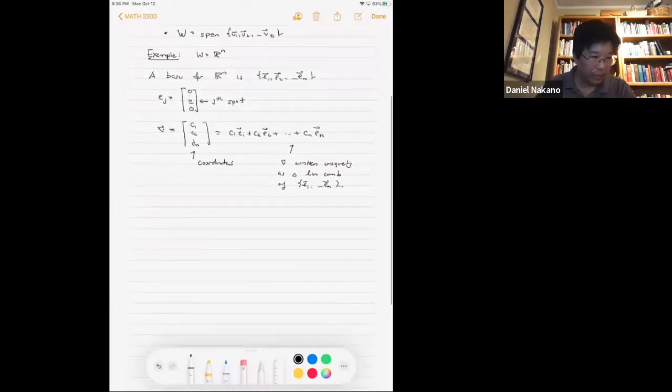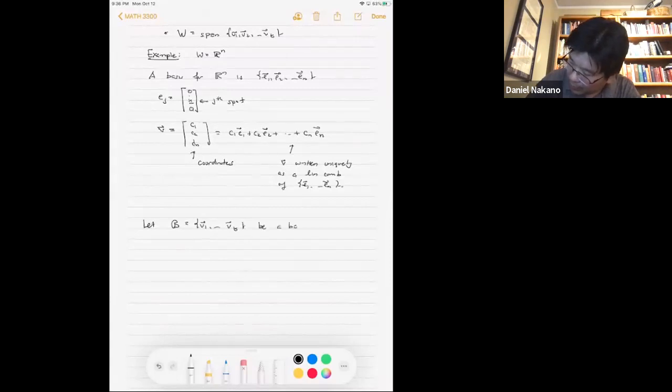All right. So let beta equal v1 up to vt be a basis for W. Now I want to write a vector in W as a linear combination of the v's.